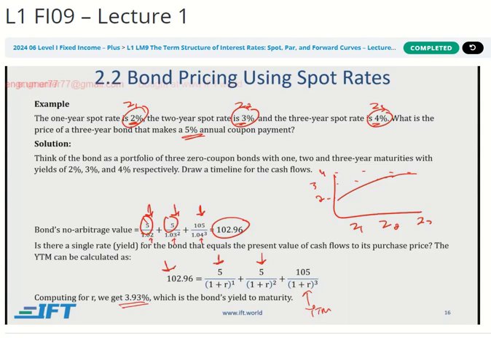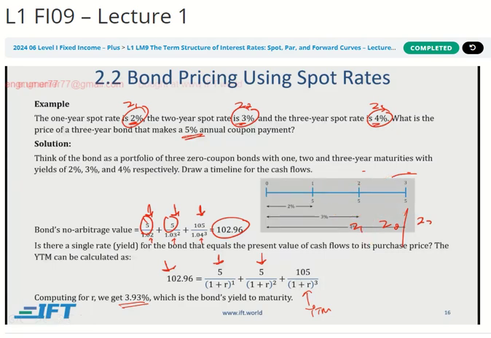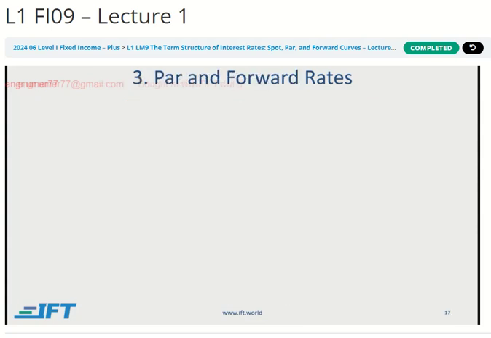That's why we need to use specific rates for each of those separate years to calculate the intrinsic value of a given fixed income security, right? So this is just a timeline that is here for you, showing how you're taking those separate cash flows and discounting them back at the specific rates.